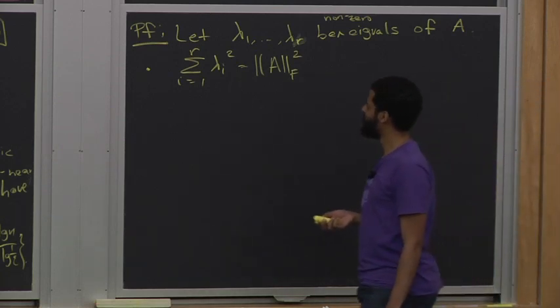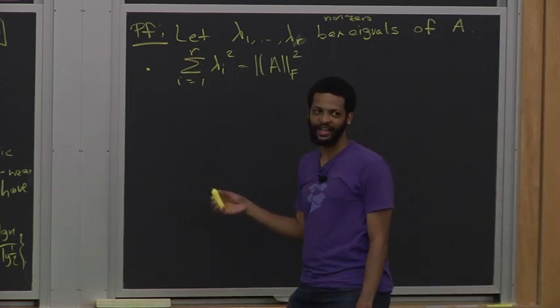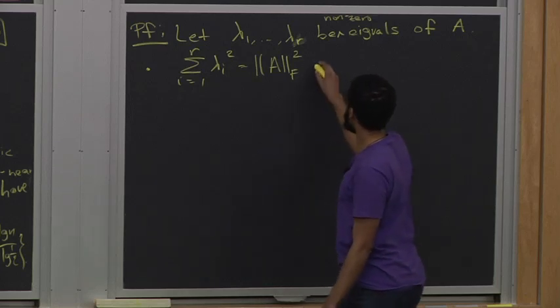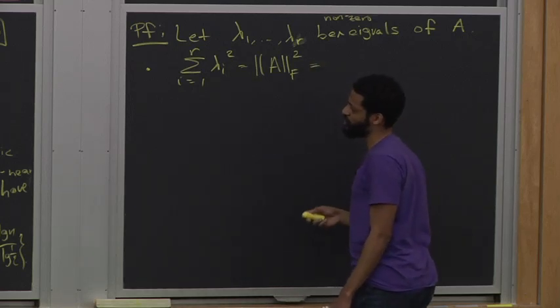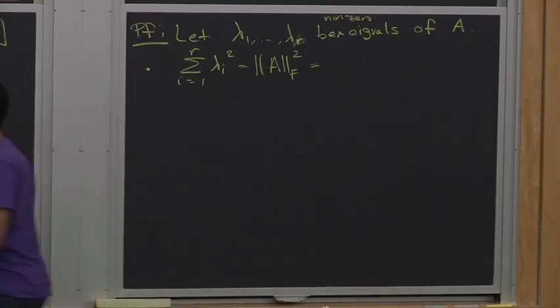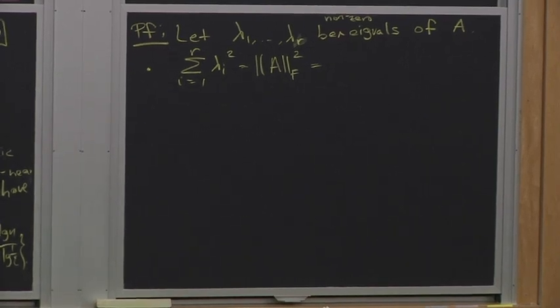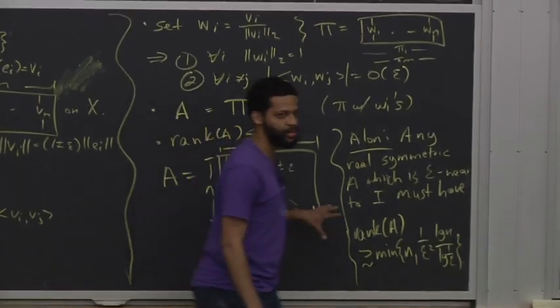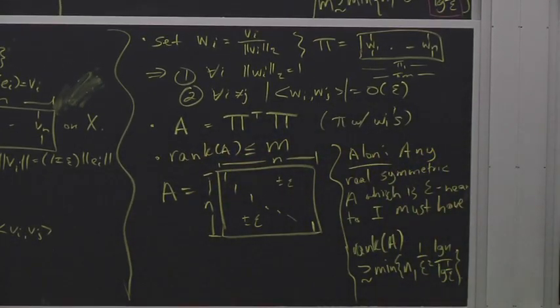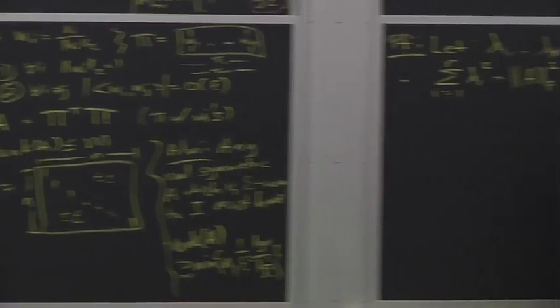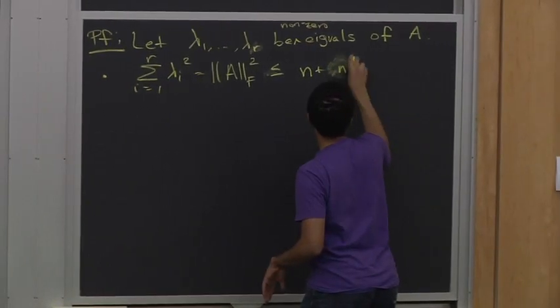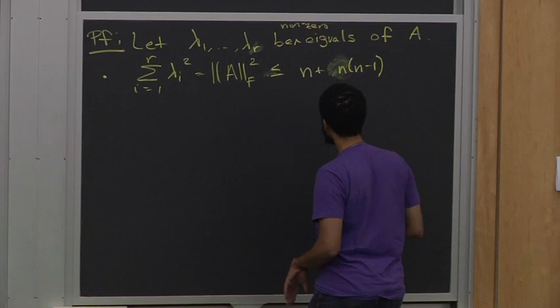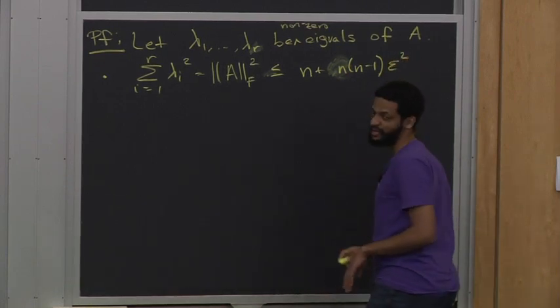It'll follow from something we'll see on the next line. So what is the Frobenius norm squared? All the diagonal entries give you 1 each, and there are n of them. And then there are n times n minus 1 off diagonals. They each give you at most epsilon squared. So this is at most n plus n times (n minus 1) epsilon squared.